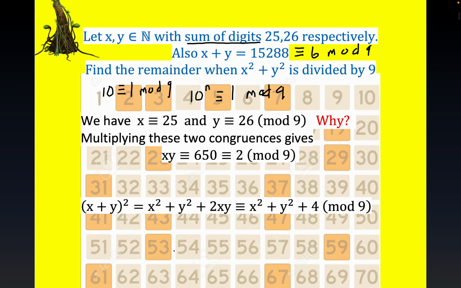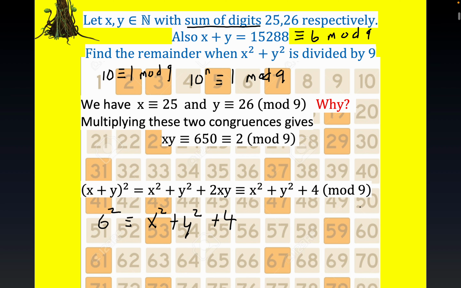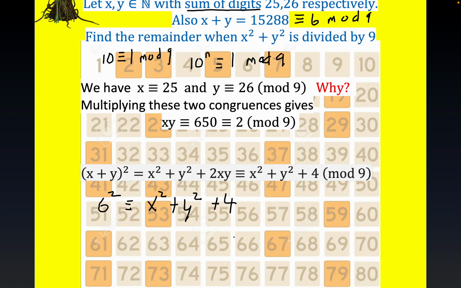So what we have right here is 6 squared is congruent to x squared plus y squared plus 4. And it's understood that it's modulo 9. I won't go to the trouble to write down modulo 9. But guess what? 6 squared itself is congruent to 0.